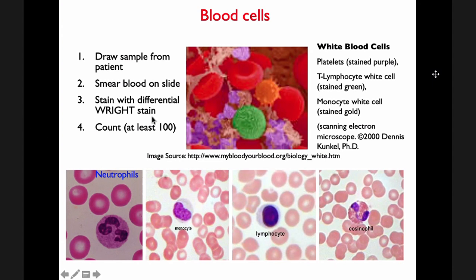Okay, with this stain, you then count the number of those cells. For example, in different fields in a slide, if you count 100 cells, out of 100, how many of these cells are of this particular type?